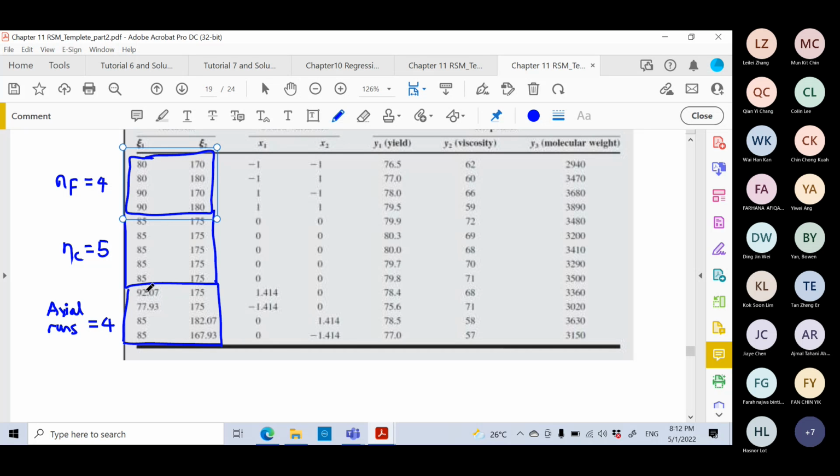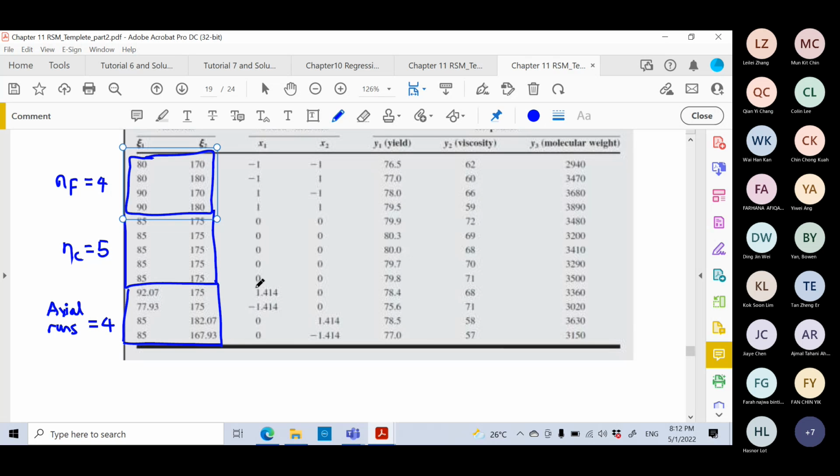How do we get these 4 values? Of course, we cannot get them directly from this. Actually, we get them from the coded variables first. For the factorial points, the coded values are -1 and +1, and for the center point we put 0.